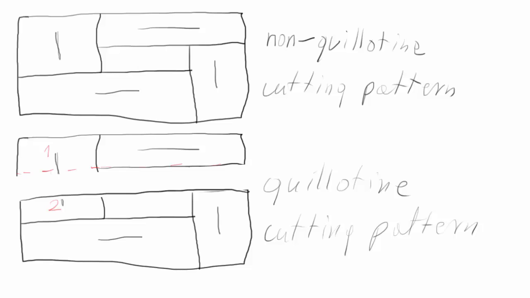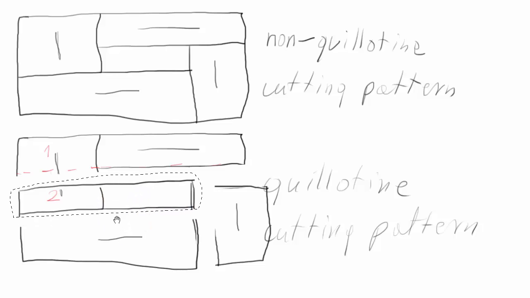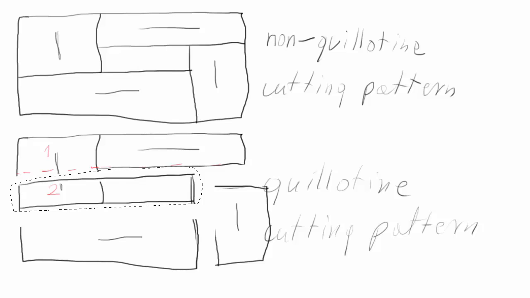Another guillotine operation can be very simple, like this one. So we move this one here. Let me correct. And the last operation of the guillotine, as you probably expect, is here.